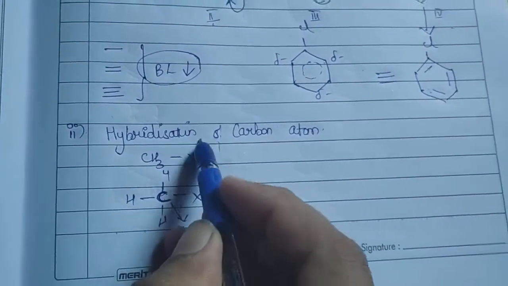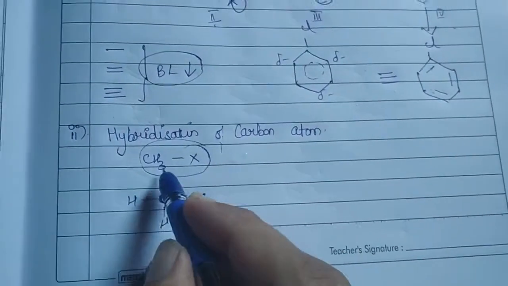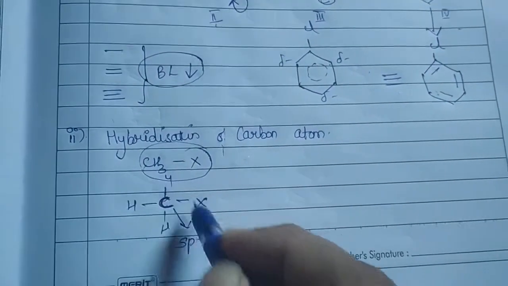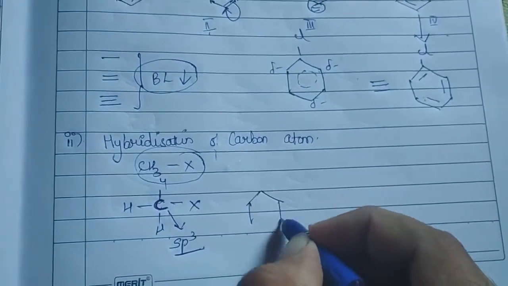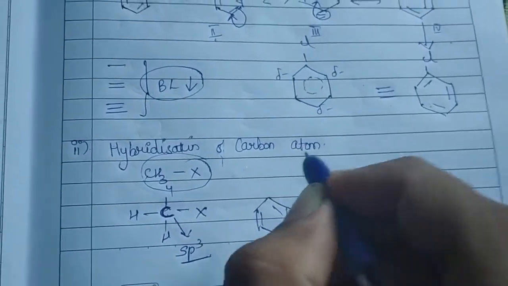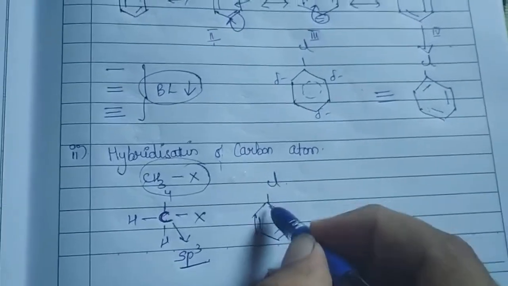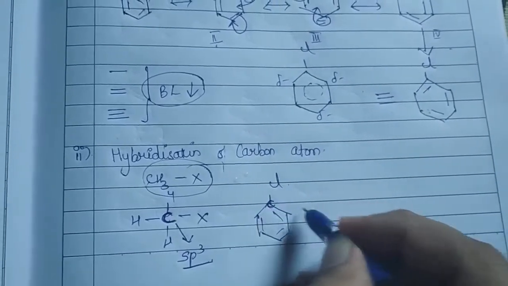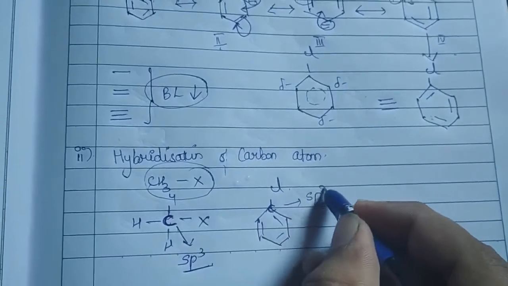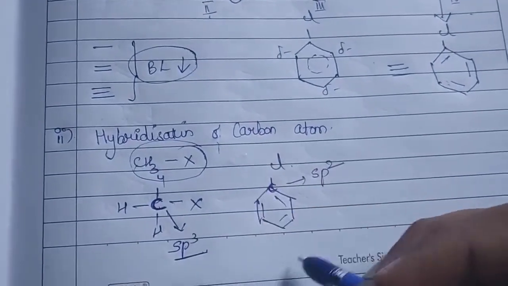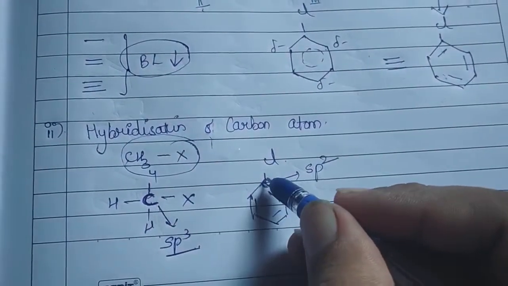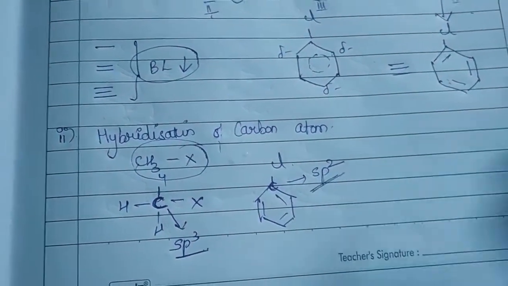In haloalkanes, the hybridization of your carbon is sp3. But when I am taking the case of your haloarenes, for example chlorobenzene, the carbon bonded to the halogen is an sp2 hybridized carbon atom. I repeat, in haloarenes, the hybridization of the carbon atom is sp2.